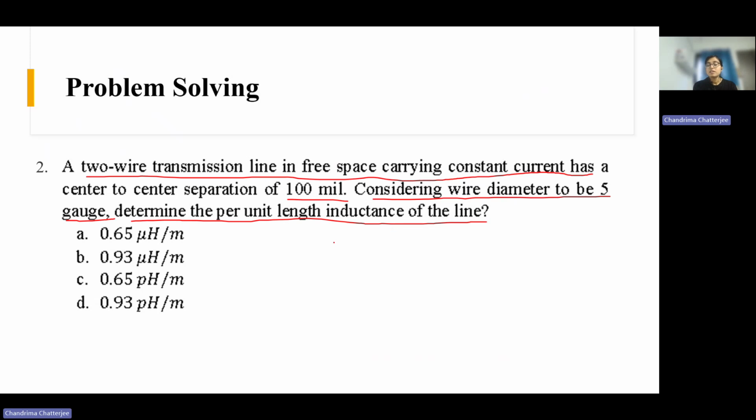As I said earlier, we will be calculating the per unit length inductance and capacitance of a two-wire transmission line. There is some voltage source.